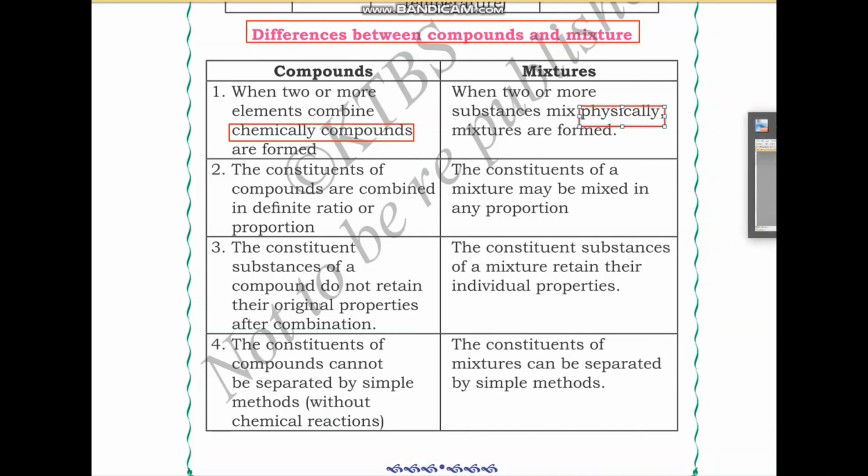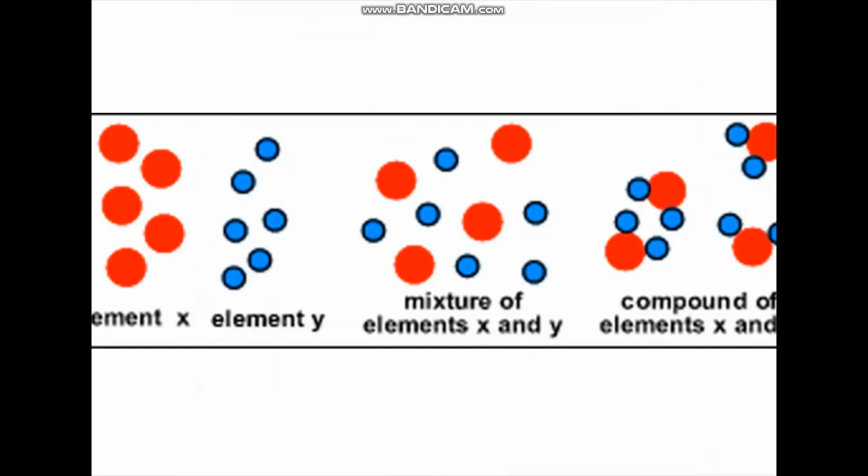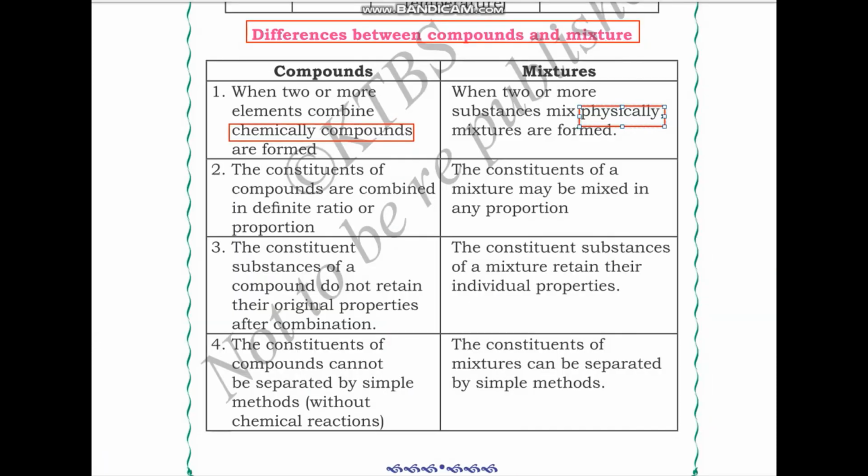Like we saw in our picture, there is a chemical combination in case of compounds where you can see that the atoms are bonded with each other. So the blue ones are bonded with the red ones. Okay, but in case of mixture, the blue ones and red ones are different. So they are separately staying. This is why in a mixture there is only a physical combination.